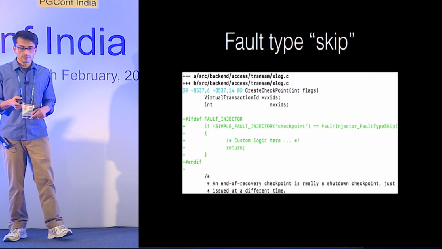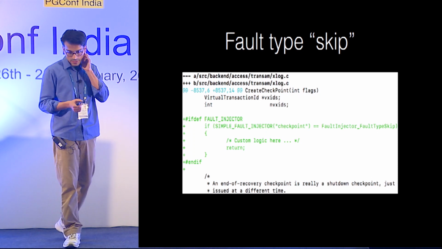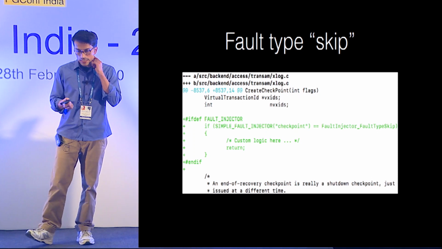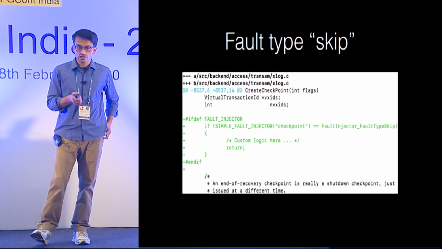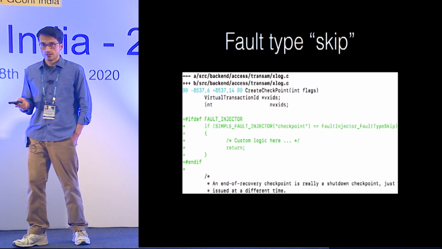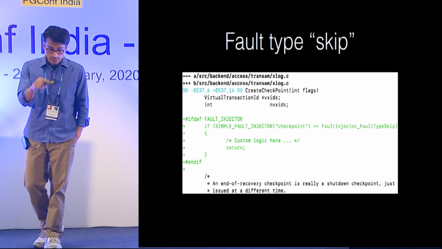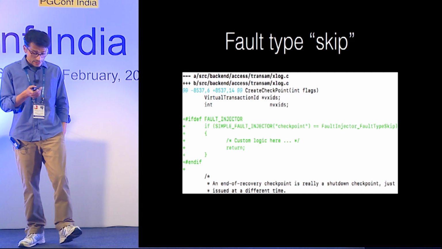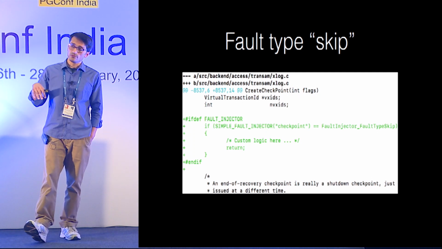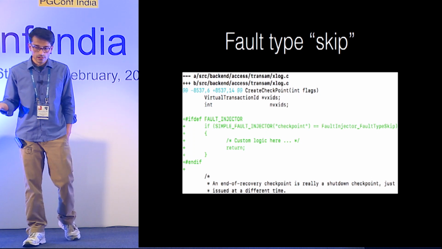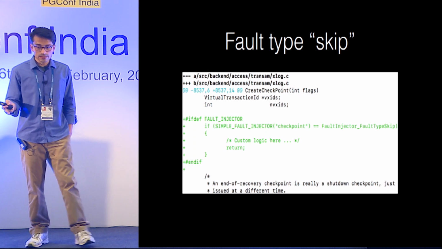So let's take one more example, of a skip fault. In this case, we've modified the create checkpoint function in the checkpointer, and at the beginning of the create checkpoint function, we have defined this fault which is named checkpoint, and it's a skip.